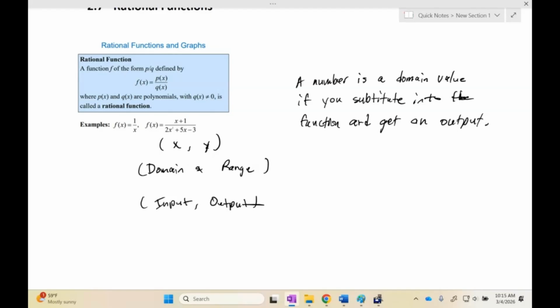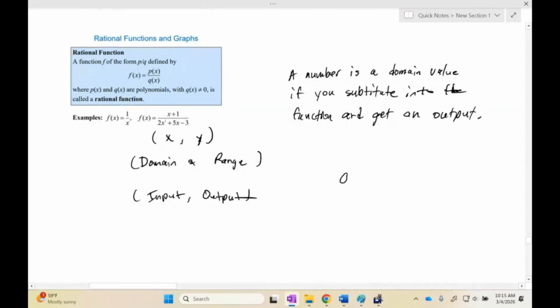And it pops up with fractions because if 0 is in the numerator, doesn't really matter what number's in the denominator except for 0. The value is 0, right?